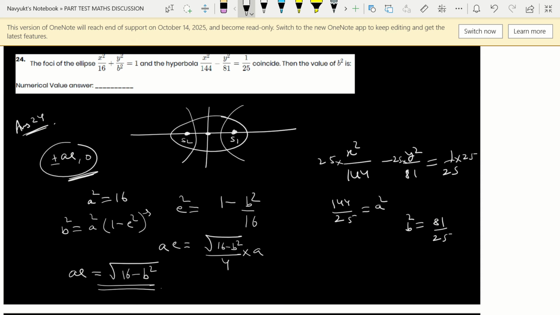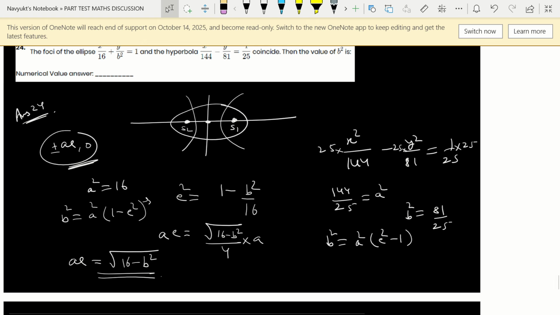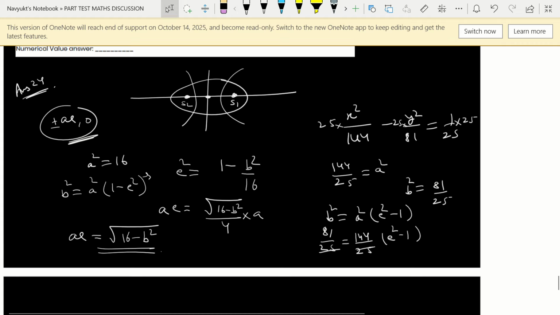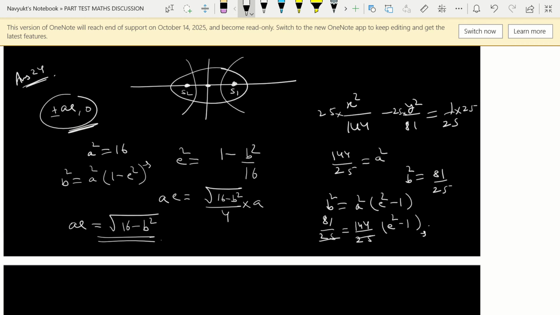For the hyperbola, as we know the relation b square is a square times e square minus 1. So we'll put this simply here, 144 by 25 times e square minus 1, the 25 cancels. We can get this 144 down plus 1. So the value of e from here we will get is 5 by 4.